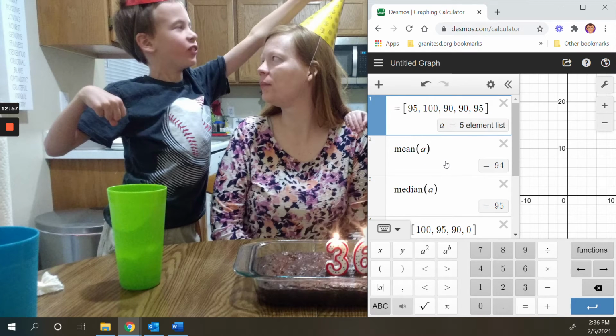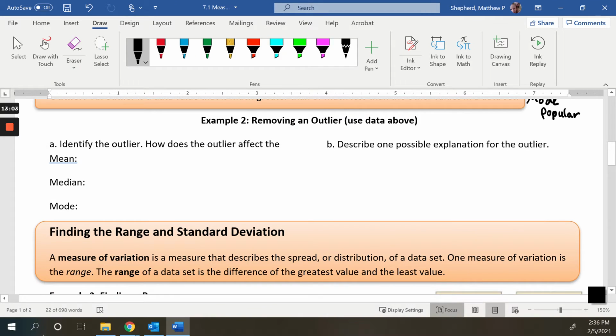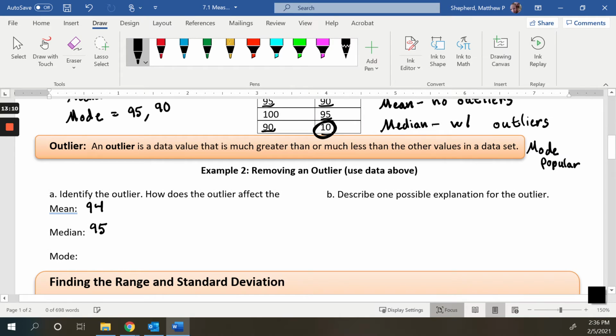And now we can see how that has affected our mean and median. 94, 95. Okay, and the mode didn't change at all because we didn't delete either of those numbers, so the same numbers were still repeating.